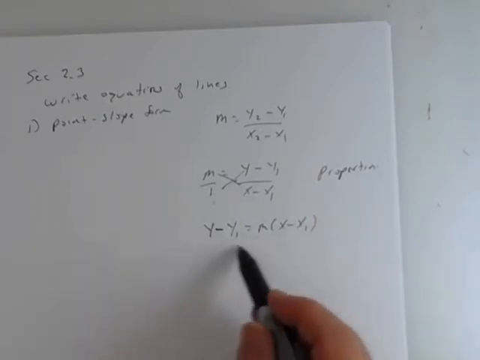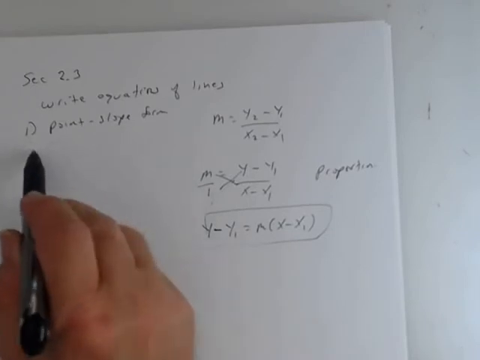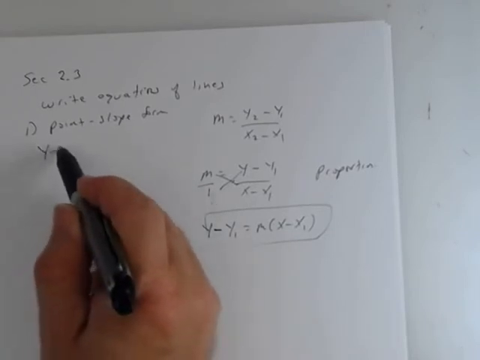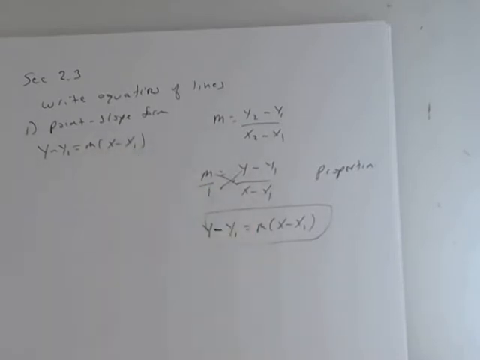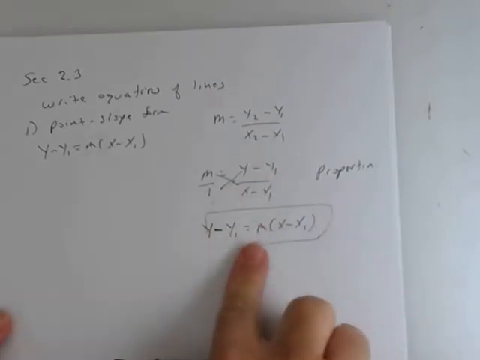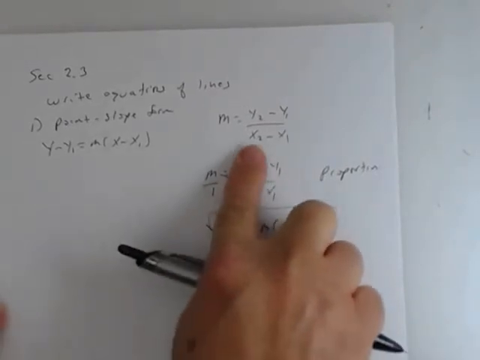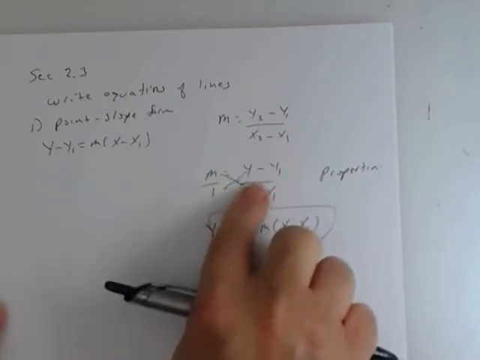And this right here is your formula for point slope form. So y minus y1 equals the slope times x minus x1. That's the formula for point slope form. But that's how it's derived. It's derived from the slope formula.